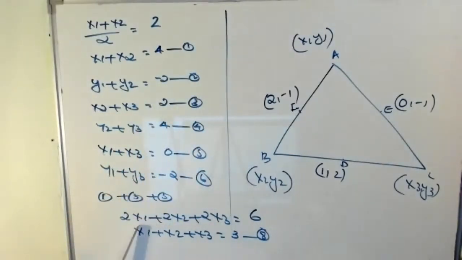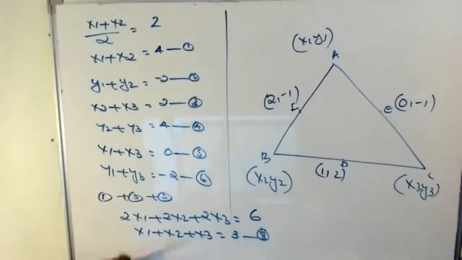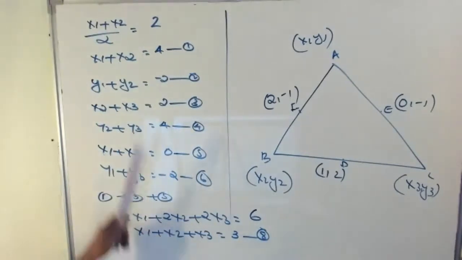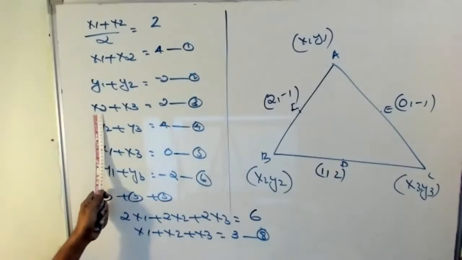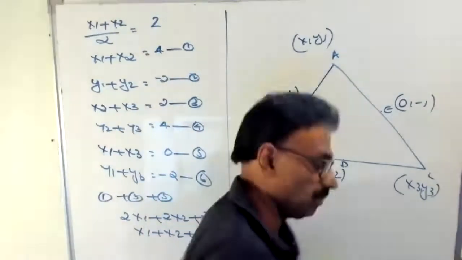We got 2x1 plus 2x2 plus 2x3 equal to 6. So x1 plus x2 plus x3 equal to 3. Then 8 and 1: x1 plus x2 is 4, 4 plus x3 equal to 3. x3 equal to minus 1. Give to here, you'll get x2 and give to here. Similarly, if I add 2, 4, 6. Okay, do this one. Try now.